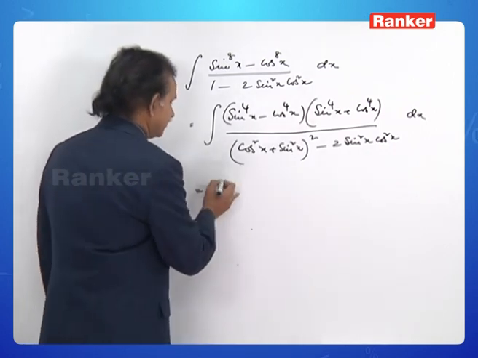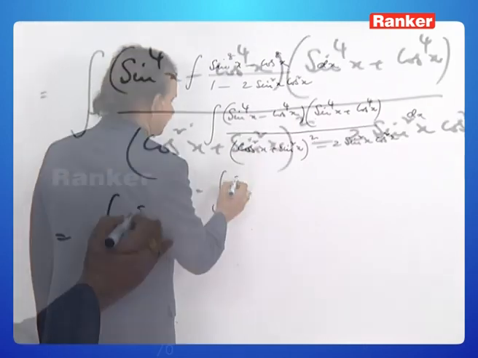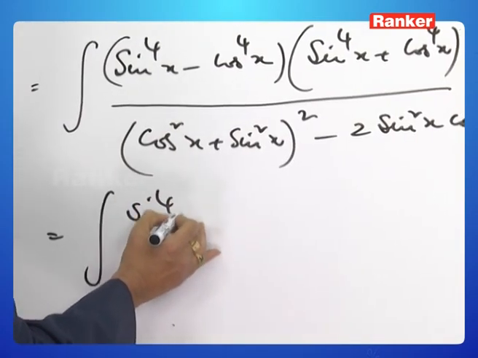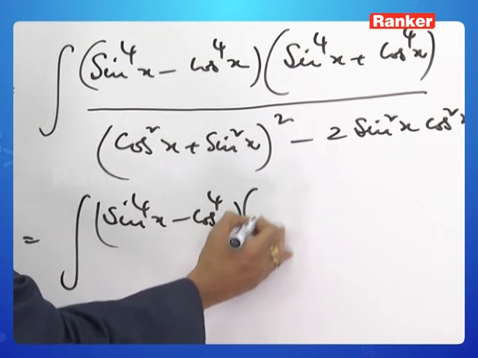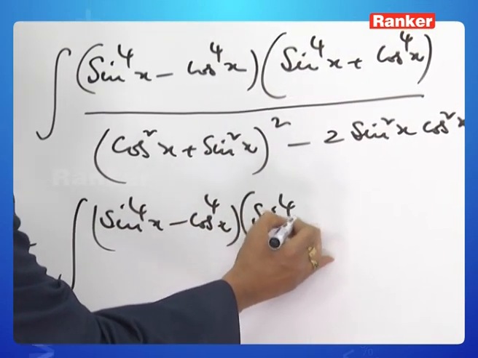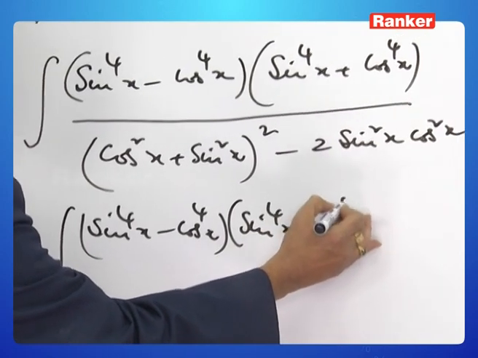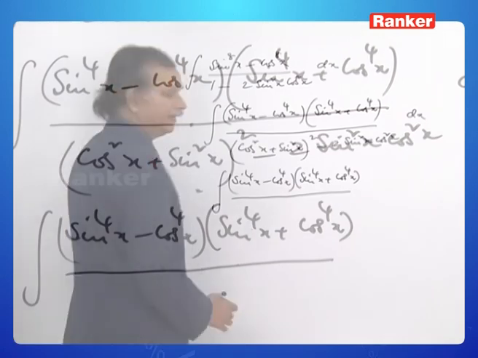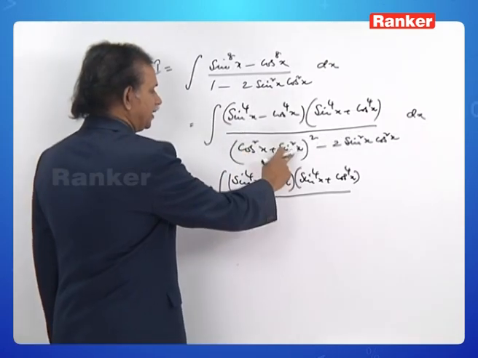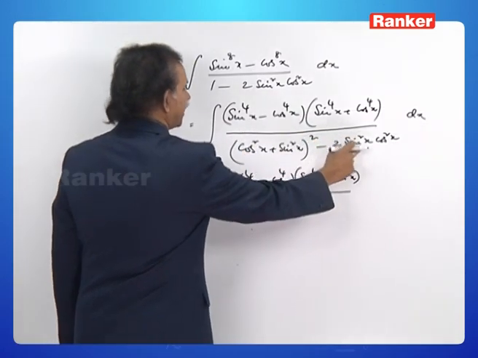So that it is sin power 4x minus cos power 4x into sin power 4x plus cos power 4x by a plus b whole square minus 2ab.